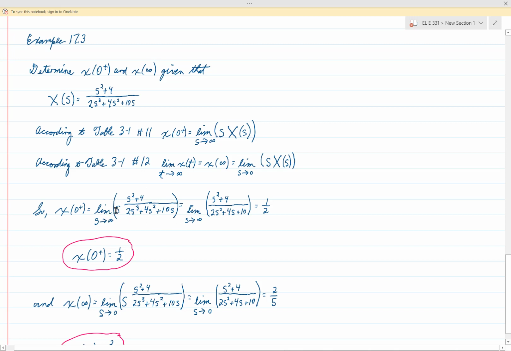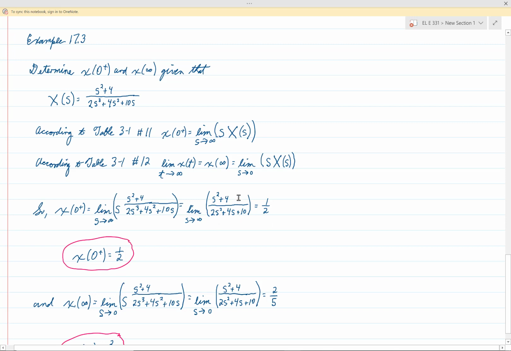So this s that we've multiplied out here could be used to cancel an s in each of the terms of the denominator, so that we get the limit as s goes to infinity of s squared plus 4, the same numerator as we had here, but then in the denominator, notice that each exponent has been reduced by 1, is now 2s squared plus 4s plus 10, because we use this s to cancel 1 power of s in each term in the bottom.